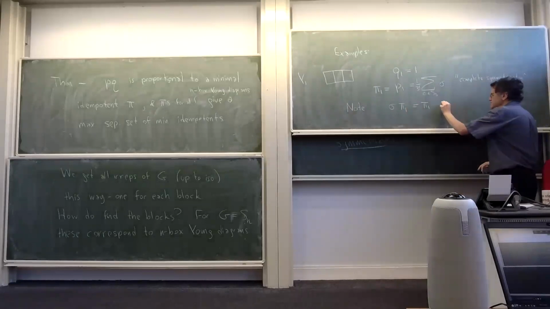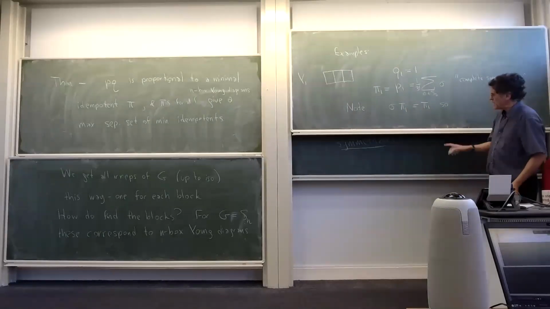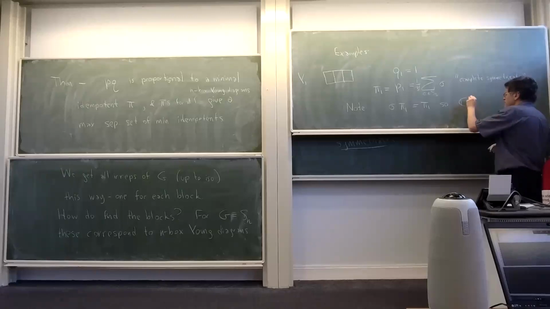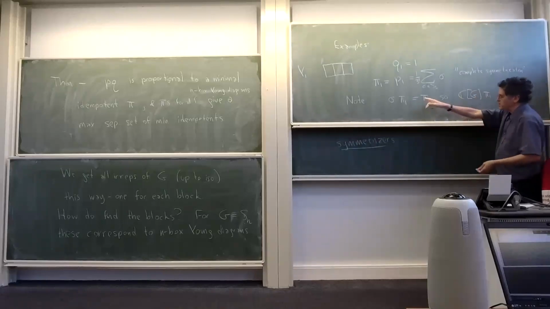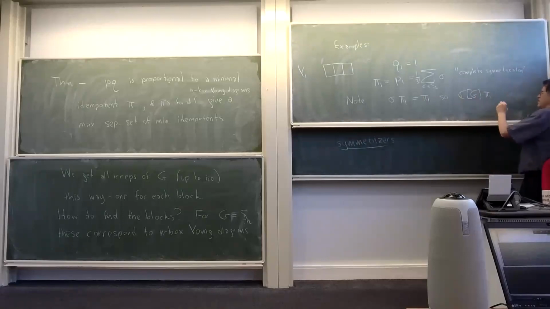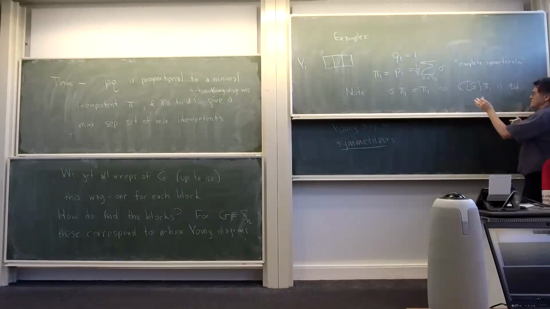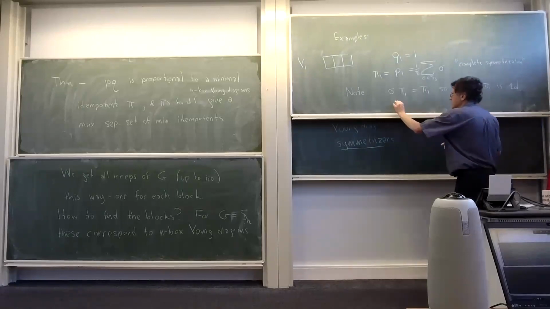So what that means is that if you take any linear combination of permutations and you multiply it on the right by pi 1, you just get a multiple of pi 1. So this is going to be just one-dimensional. This is just constant multiples of pi 1. So that means we're getting a one-dimensional rep.